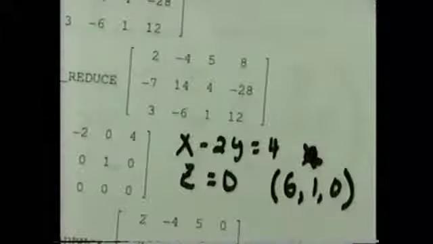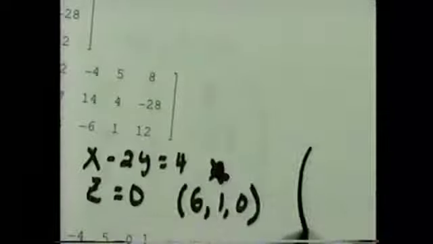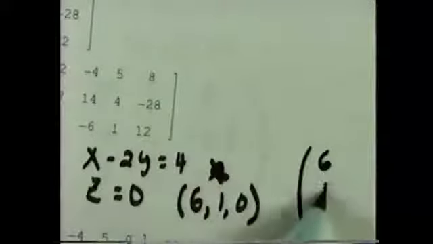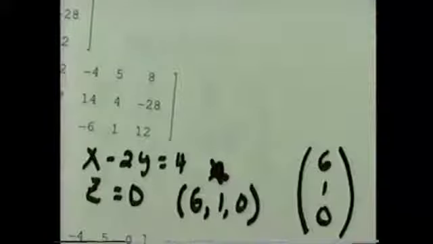Z is 0. So we can see that one solution is going to be 6, 1, 0 when I write it as the column matrix.